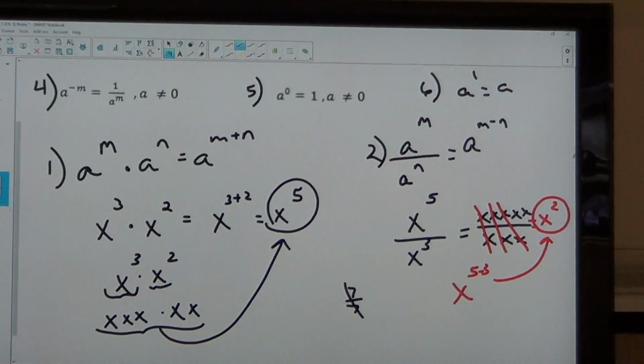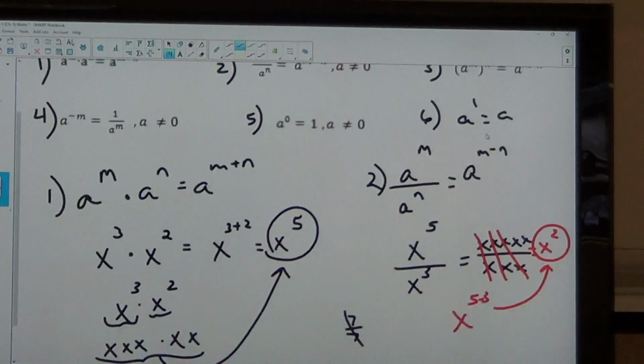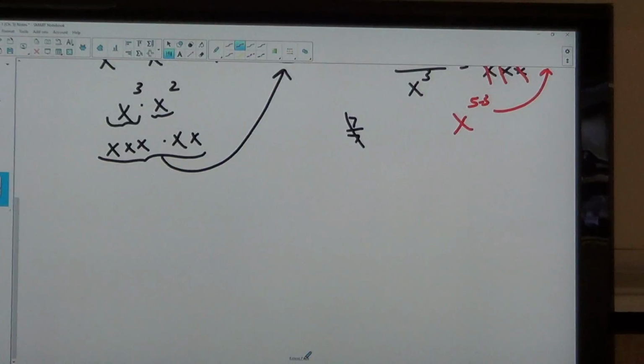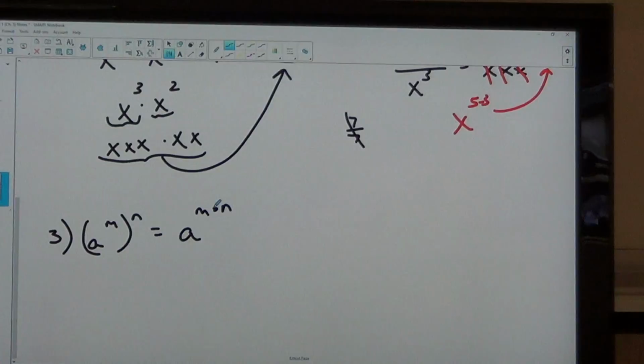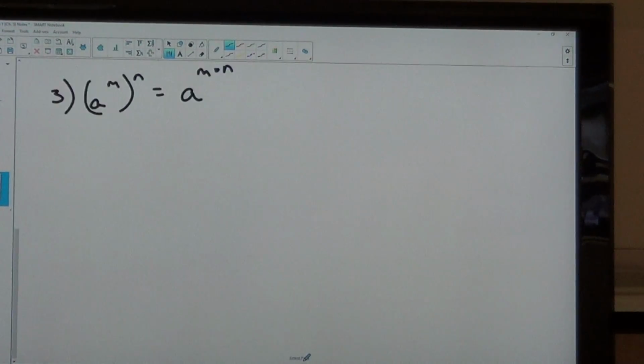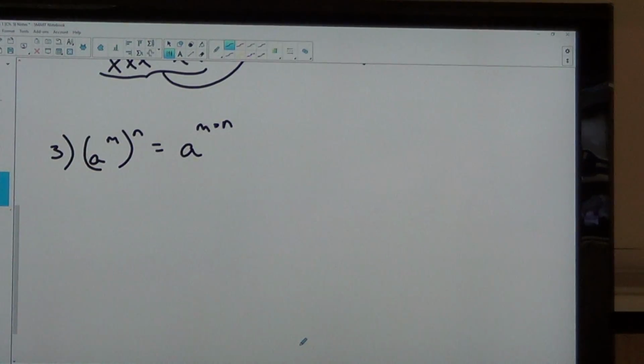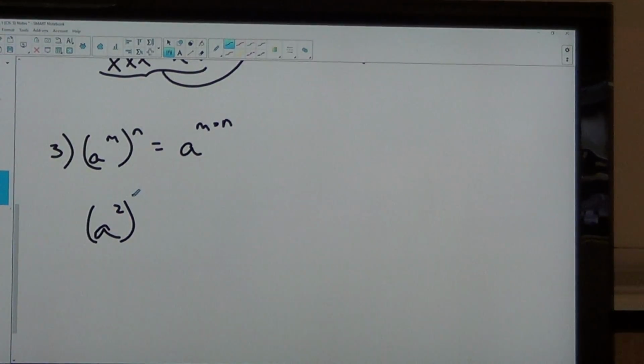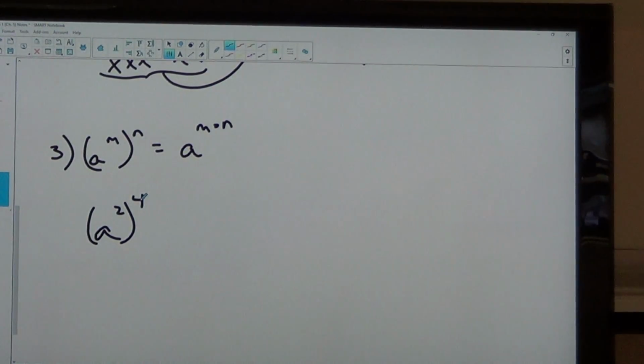Now, the third property says if you have exponents side by side, then you're going to multiply them. If we have a to the m raised to the n, then you multiply those exponents together. Because there's parentheses, and parentheses in math means multiplication. So if I have a to the second and I raise it to the fourth, do you agree that I am fourthing what's in parentheses?